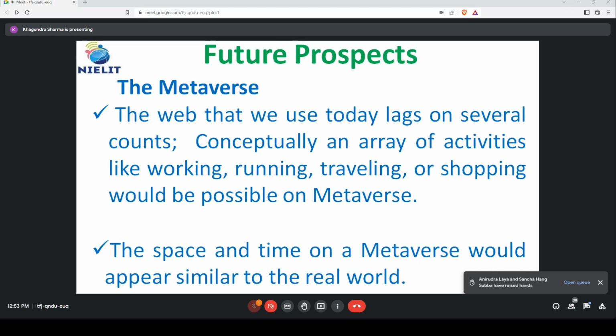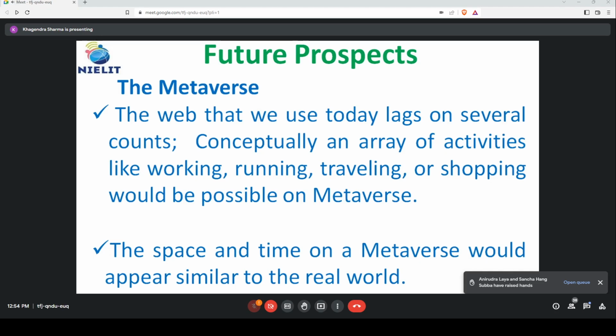Non-fungible tokens mean everything will have a single copy. Unlike now, where if you have an image, you can have multiple copies of that image, right? But in the case of an NFT, there is a single copy and a single owner at a particular point in time. So that's where blockchain will also come into the picture.